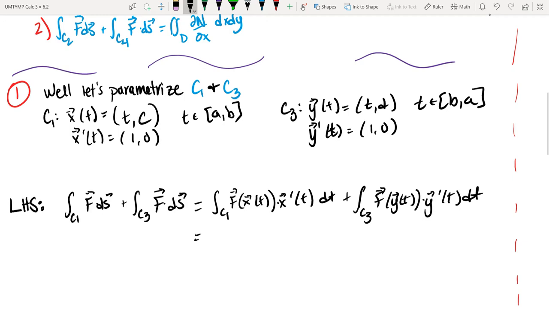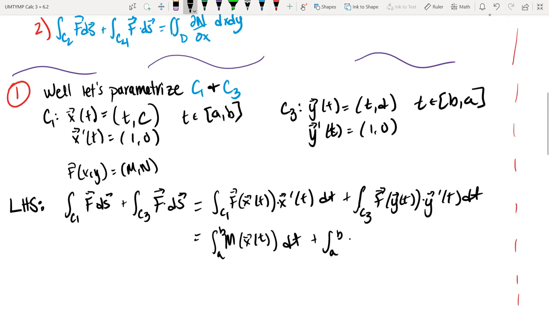And remember that our vector field, just for clarification, is equal to (M, N). So when we do the dot product, since the y component is 0, we just end up with the integral from a to b of M of x of t dt, plus the integral from a to b of M of y of t dt.